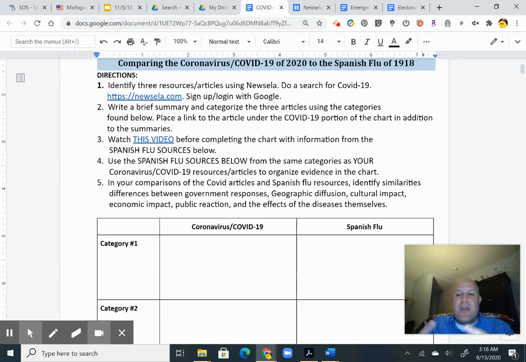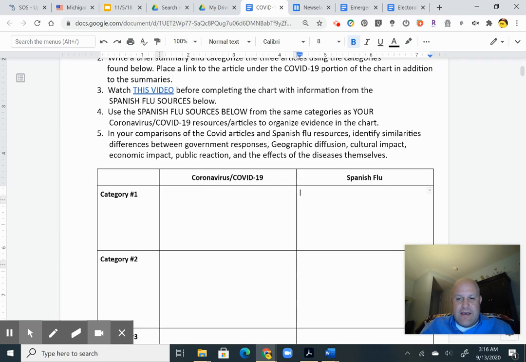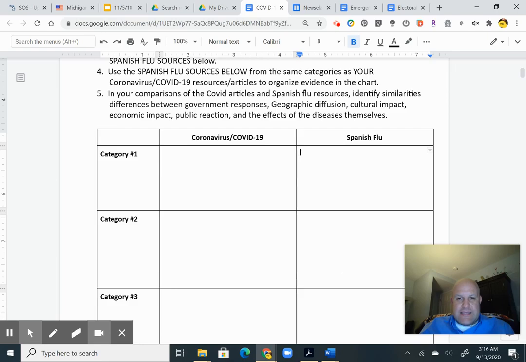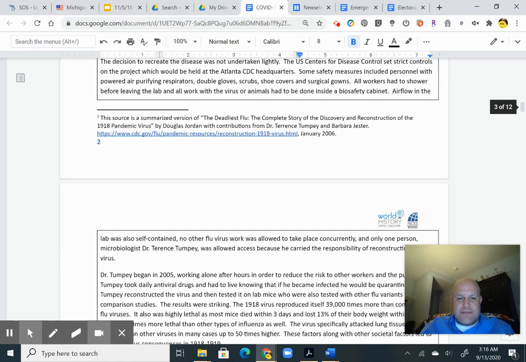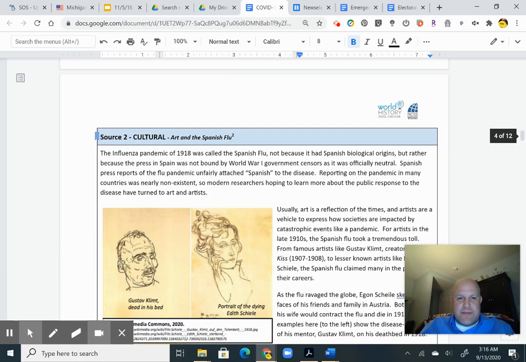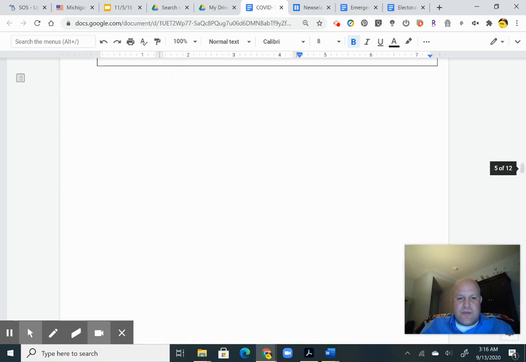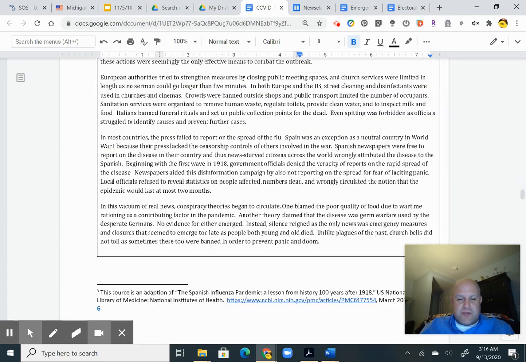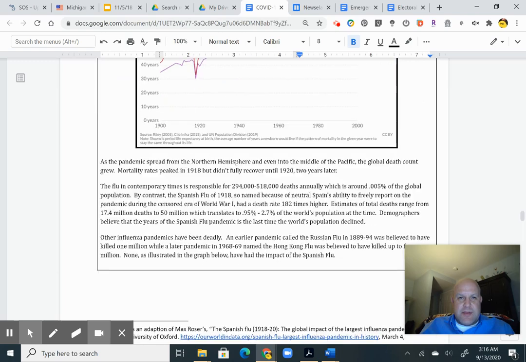Think about these factors. So in other words, if you had a scientific article here, you would compare it to the scientific evidence and scientific factors in the Spanish flu, and the same thing with culture. You'd compare it to the articles about culture, political, same thing.